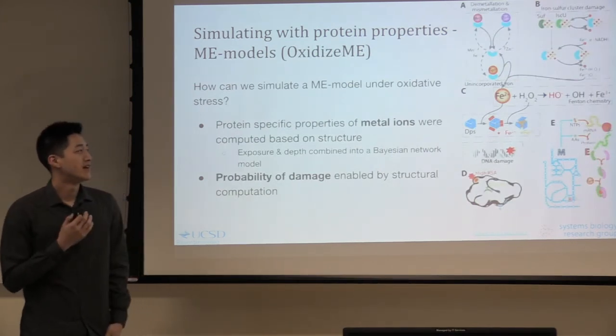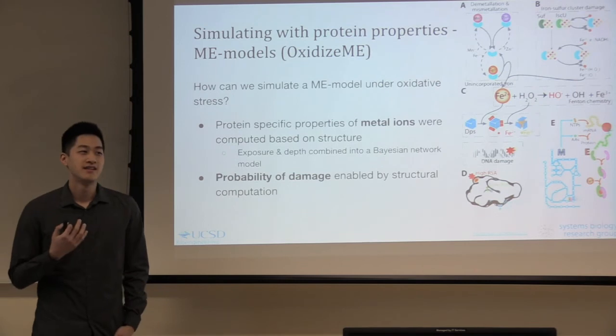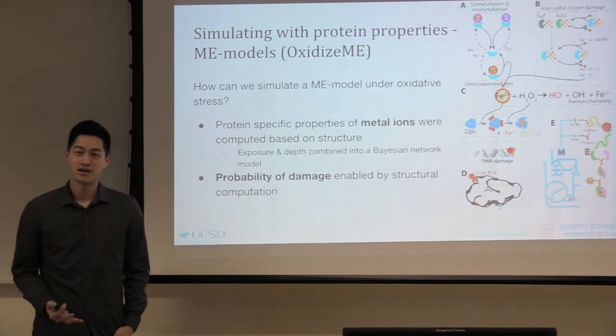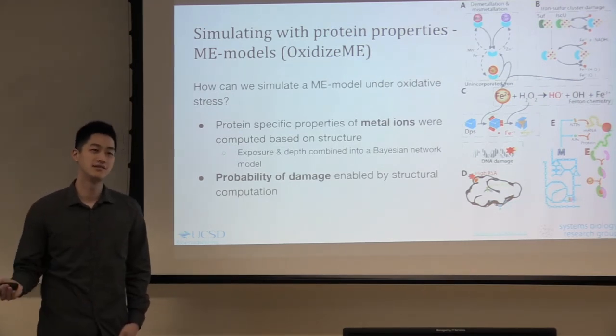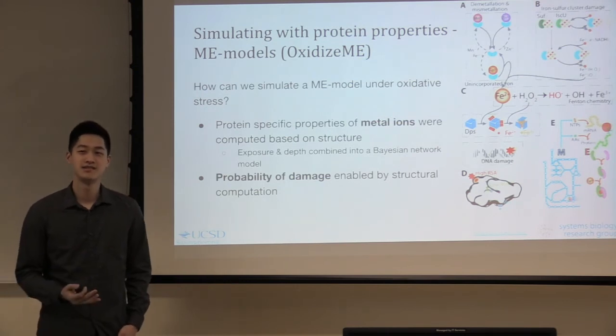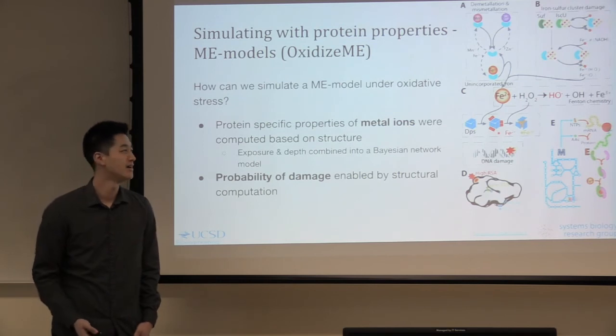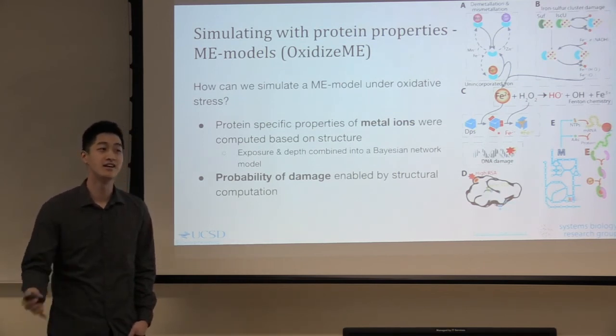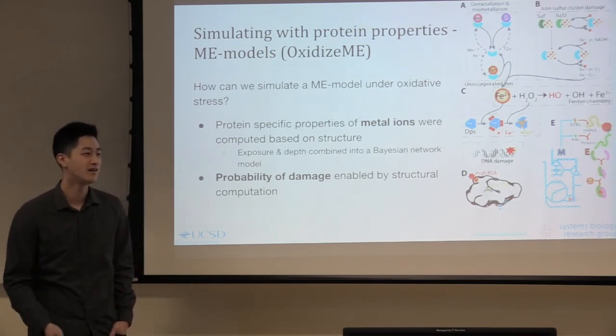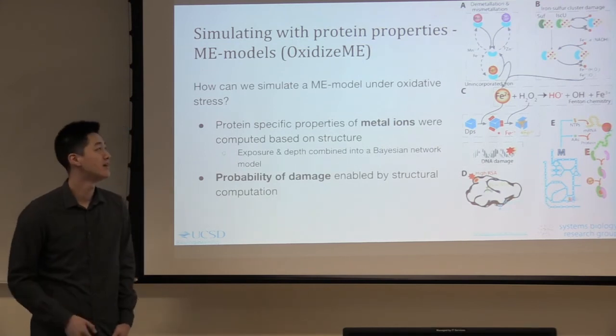Another interesting study that was recently done was to understand the effects of oxidative stress on a cell. Oxidative stress is when reactive oxygen species like hydrogen peroxide or superoxide are stressing your cell out. These are encountered in all forms of life under aerobic metabolism.